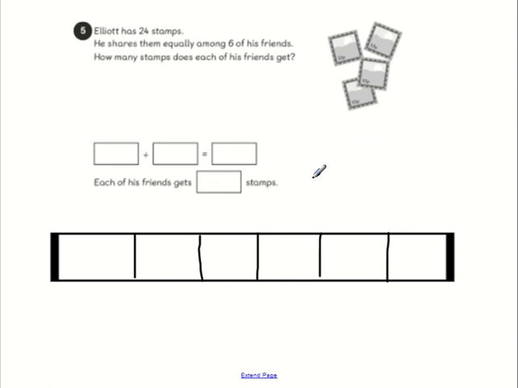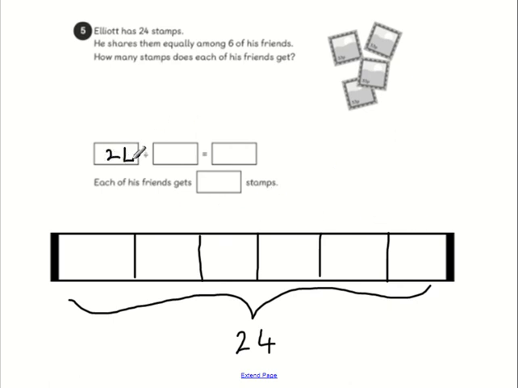Okay, so I know that all together there are 24 stamps, but I need to split them between 6 people. So my number sentence is 24 divided by 6. So now what I need to do is I need to divide 24 by 6.